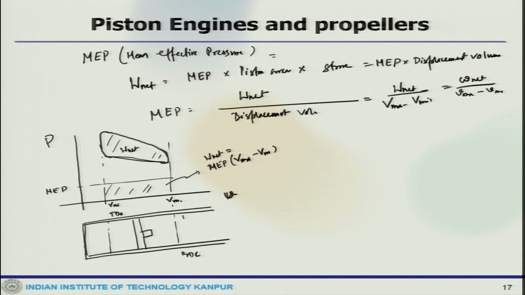So, various mean effective pressures can be defined in terms of, for example, if it is indicated work, then IMEP, the indicated mean effective pressure, which is WCI by VD.